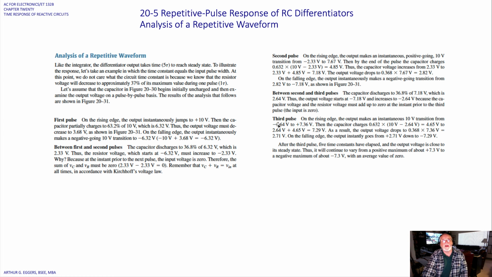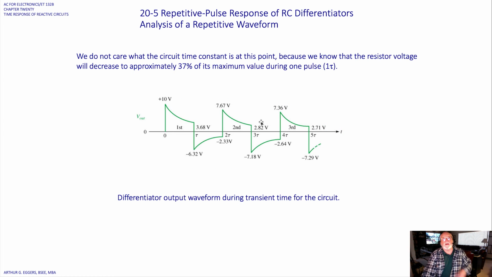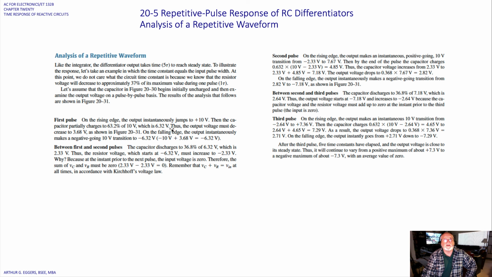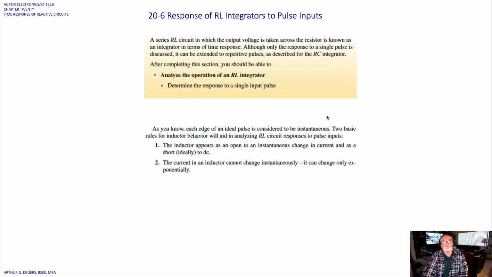Again, take a look at this diagram and read through it so that you understand what's going on with each of the pulses as we move repetitively into the steady state condition. So when we come back, we move into the RL realm and into integrators with pulse inputs.